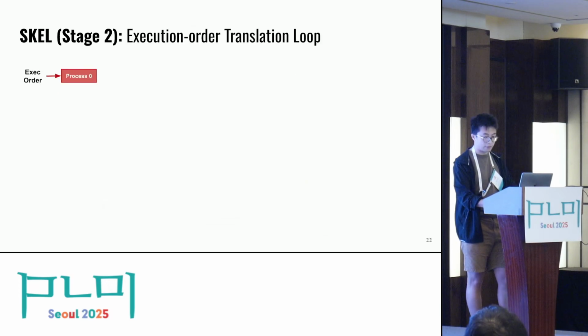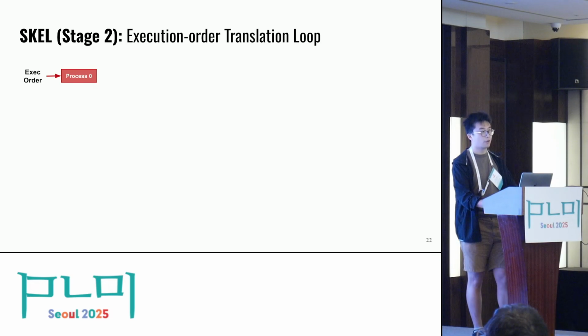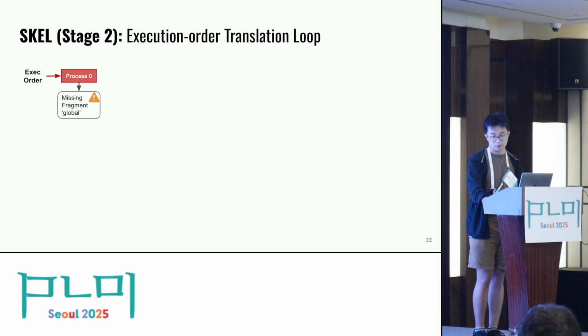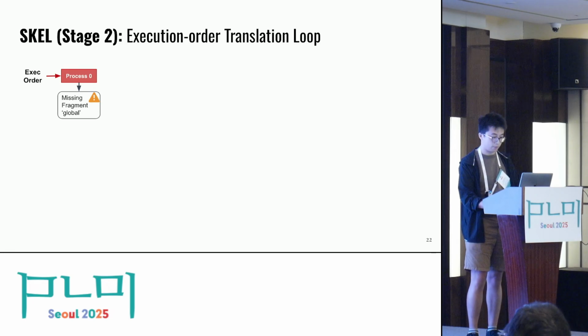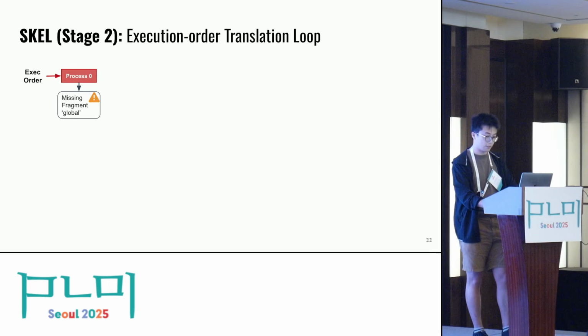So our solution for the second stage, the translation stage, is a procedure named execution order translation loop. It works by performing the translation incrementally, following the natural execution order of the program. In the beginning, we only have the target skeleton without any filled fragments. As we execute it on the whole program test, the translation procedure will gradually fill in the translated fragments and check step by step.